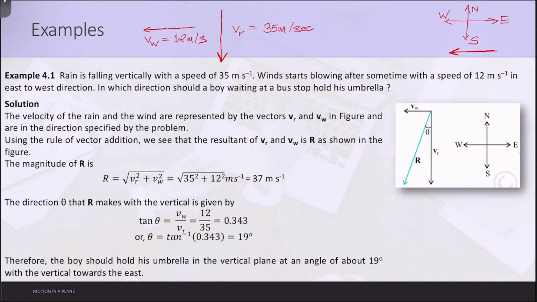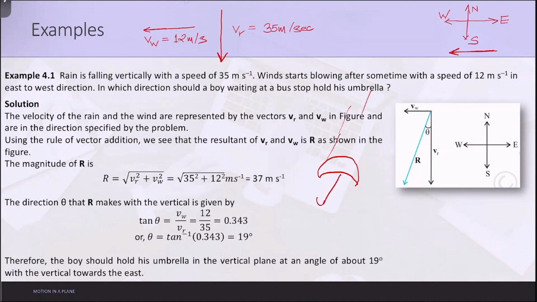In which direction should a boy waiting at a bus stop hold his umbrella? The boy needs to put an umbrella on top of him so that he doesn't get wet. At which angle should he keep his umbrella so that he doesn't get wet? That is the question being asked here.